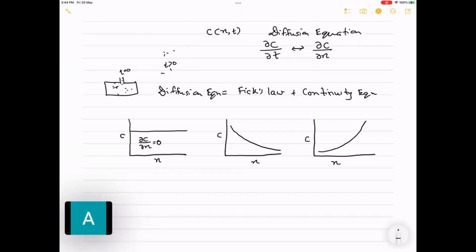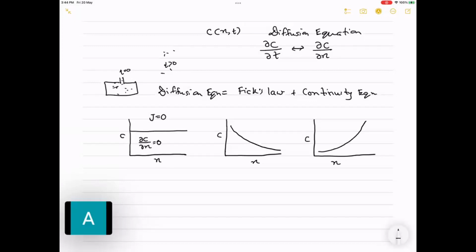If we have a flat concentration profile, will there be any net movement of the molecules from one location to the other? No, right? So in this case, I can say that the net flux or net current of particles will be equal to 0, right?